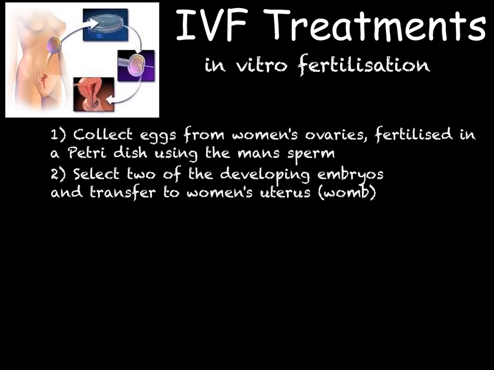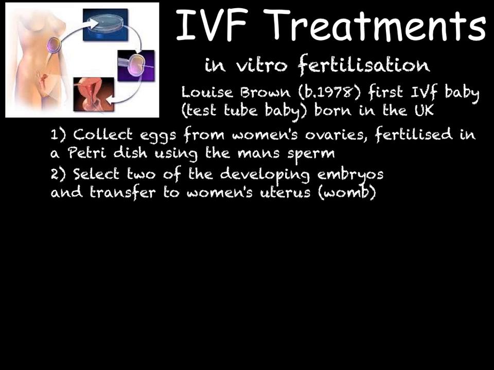IVF treatment has been around for about 40 years now, with the first woman to be born via IVF in the UK being Louise Brown, who was born in July 1978. And there have now been more than 5 million babies born in the UK via the use of IVF.